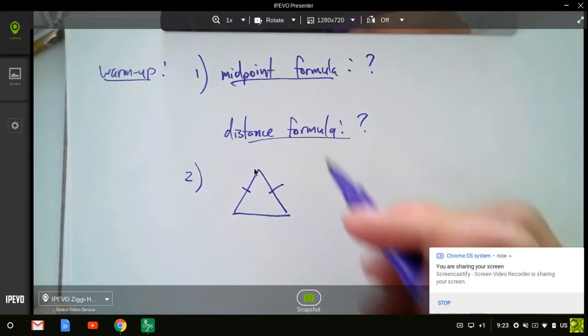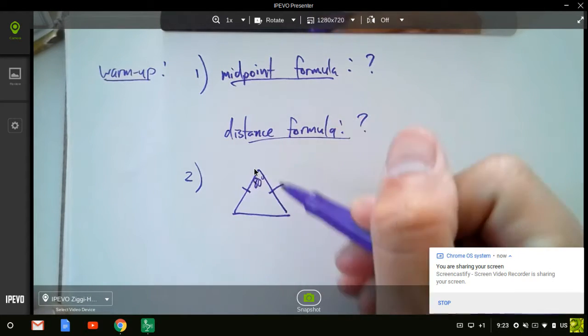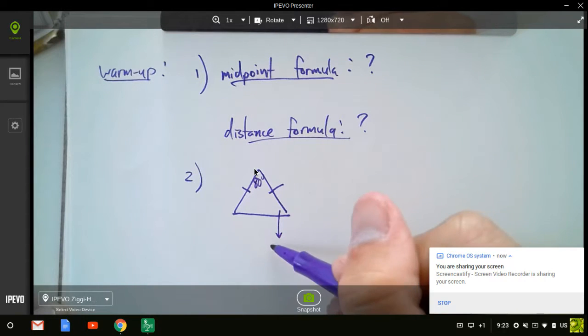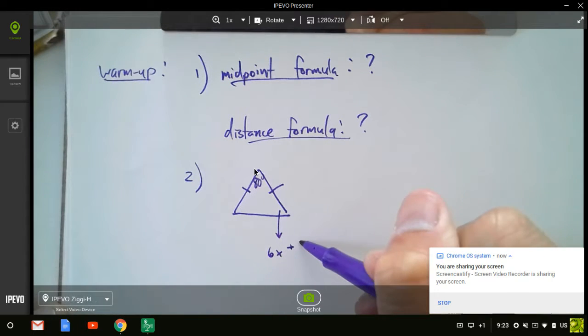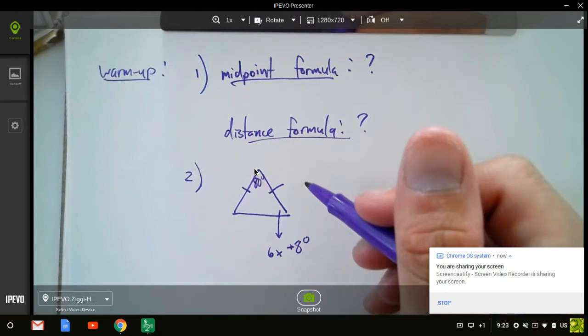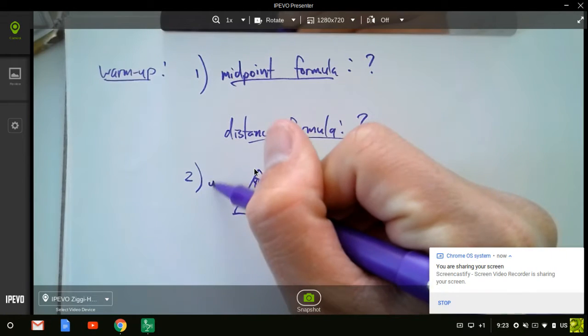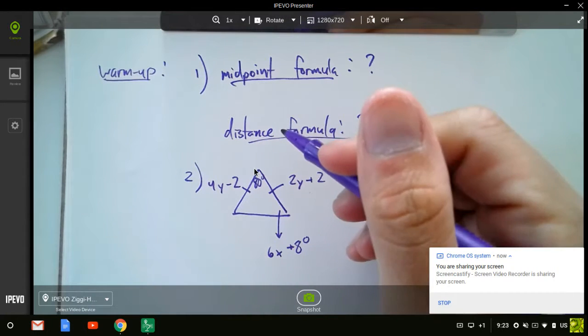There we are. This would be 80 degrees plus degrees. Okay. And let's see, this is 2y plus 2, and this is 4y minus 2.